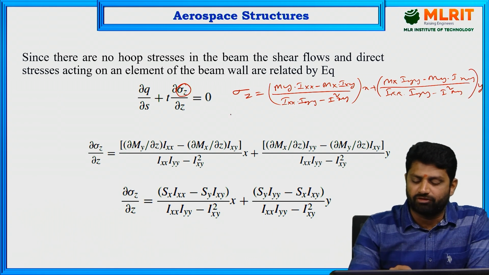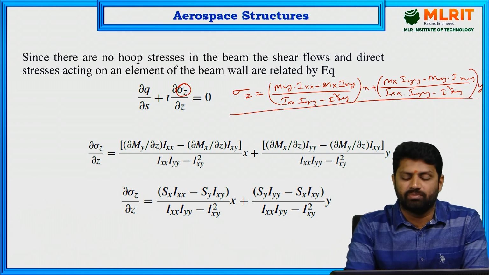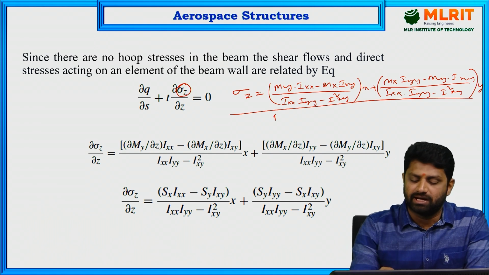This is the formula which we derived for the unsymmetrical bending of the beams, which is nothing but the direct stress distribution.